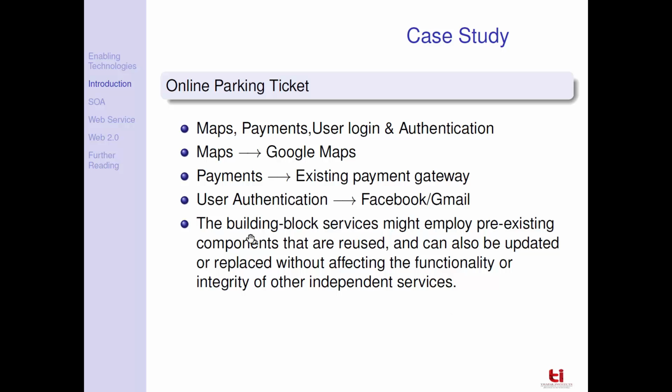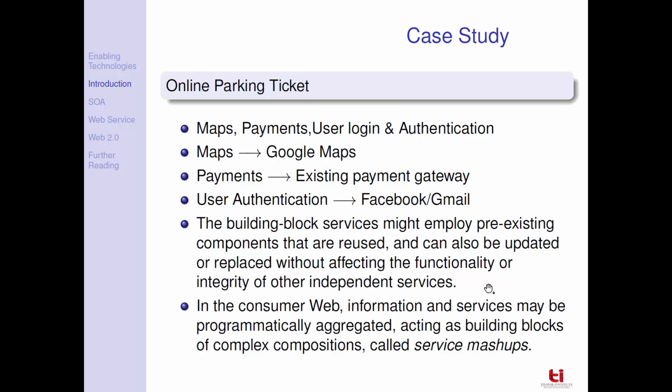So in this, these building block services, that is these Google Map or a payment gateway or Gmail, if any one of these is updated, it does not affect the functionality of others.